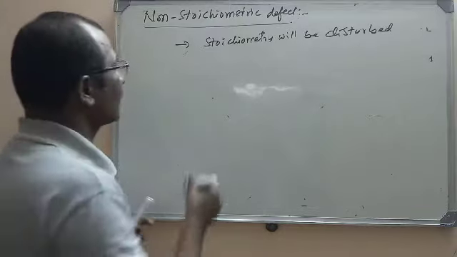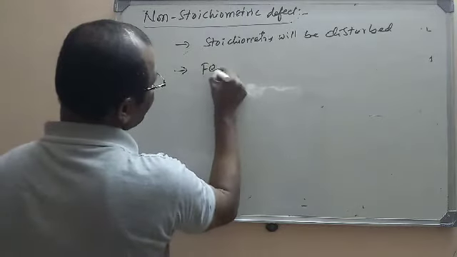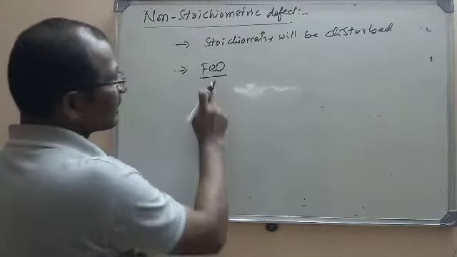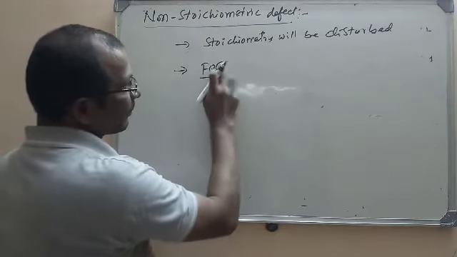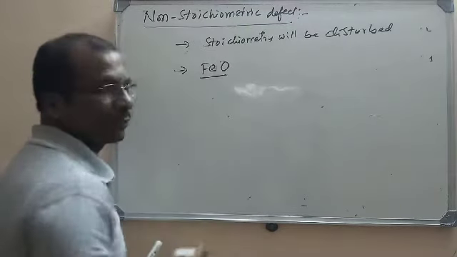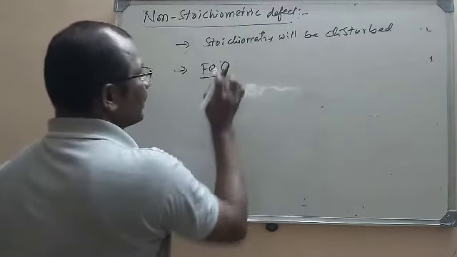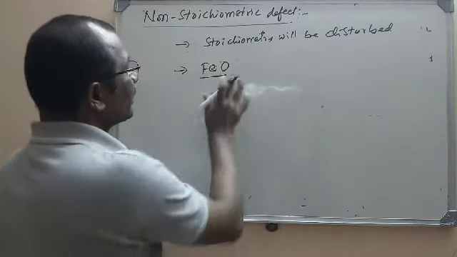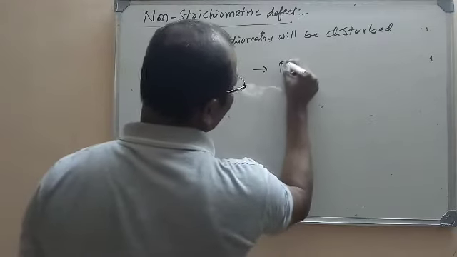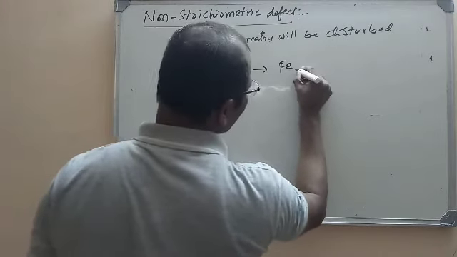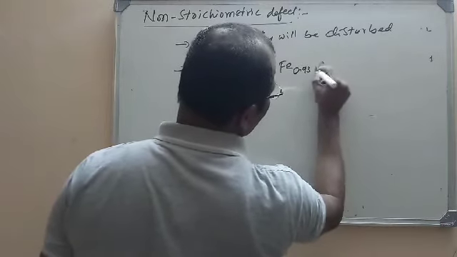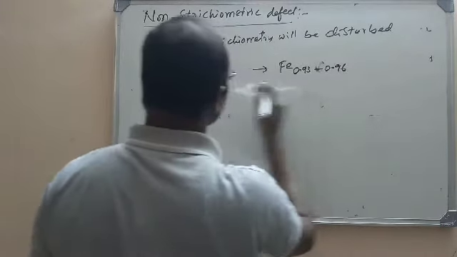To understand it, for example, take FeO, ferrous oxide. What is the stoichiometry here? One iron is bonded to one oxygen. Fe+2 is bonded to O-2 here. So this is the stoichiometry. But because of the defect, it is found that in FeO, the Fe is 0.93 to 0.96 only. It is less than 1.